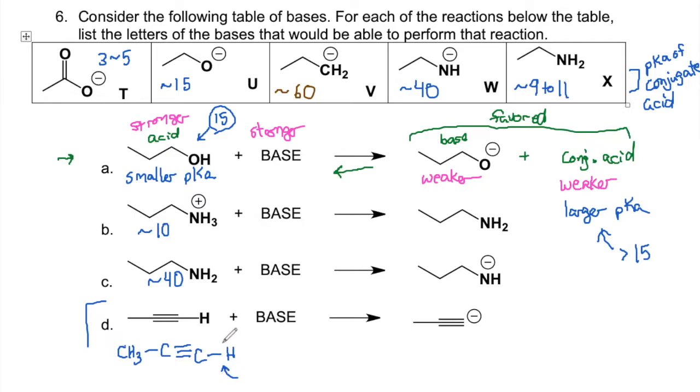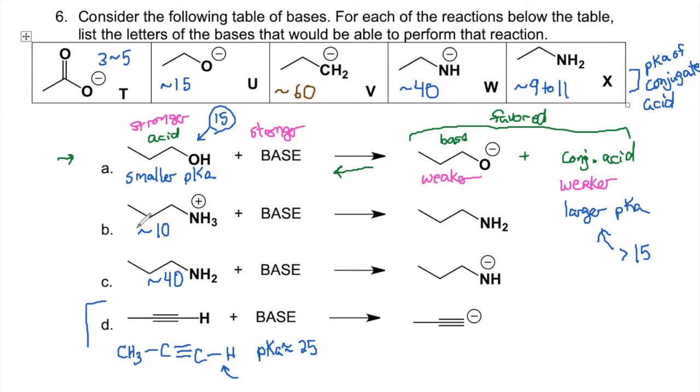We did mention how this proton is more acidic than ethane, and this one would actually have a pKa, since we're talking about it, of about 25. So not that easy to remove, much easier to remove than the proton of an sp3 carbon over here.